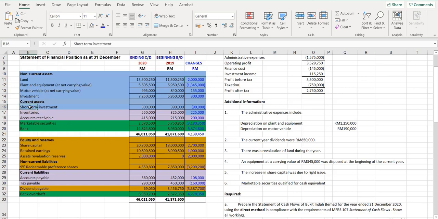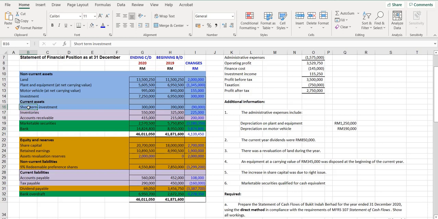For your information, short-term investment we do not include in the cash and cash equivalent. The reason is that it is not stated to be part of cash and cash equivalent, and nothing states that it is less than 3 months whatsoever. So the short-term investment will have to be disclosed.